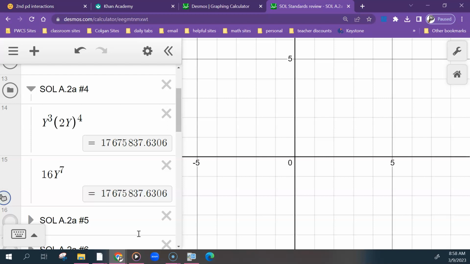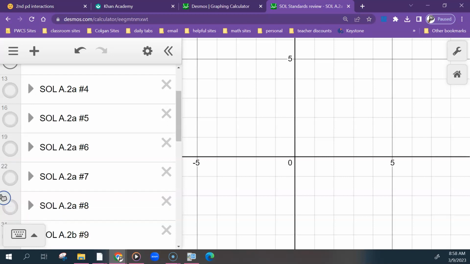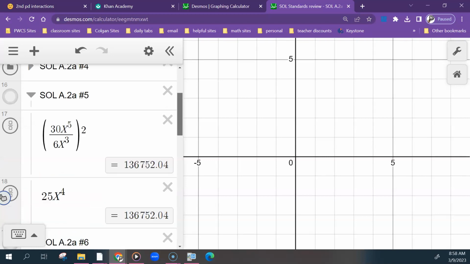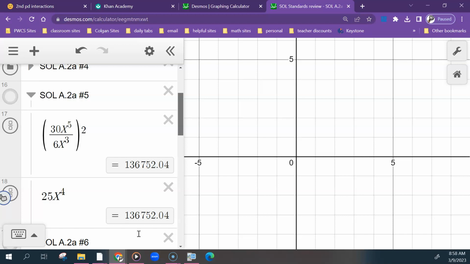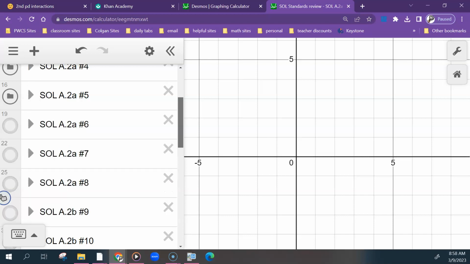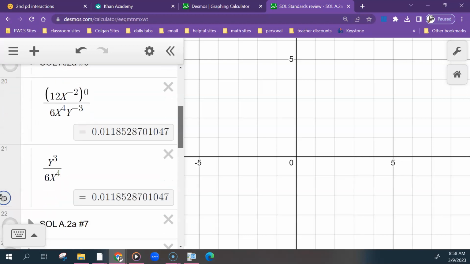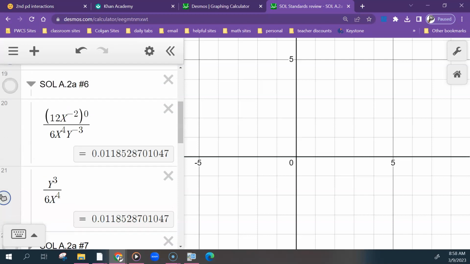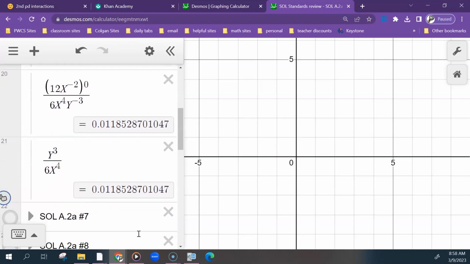This is going to happen for all of these problems. If you had a different variable, you would just have to keep adding the sliders so you can see did you get the correct answer or not. So this is 6. That was the right answer.